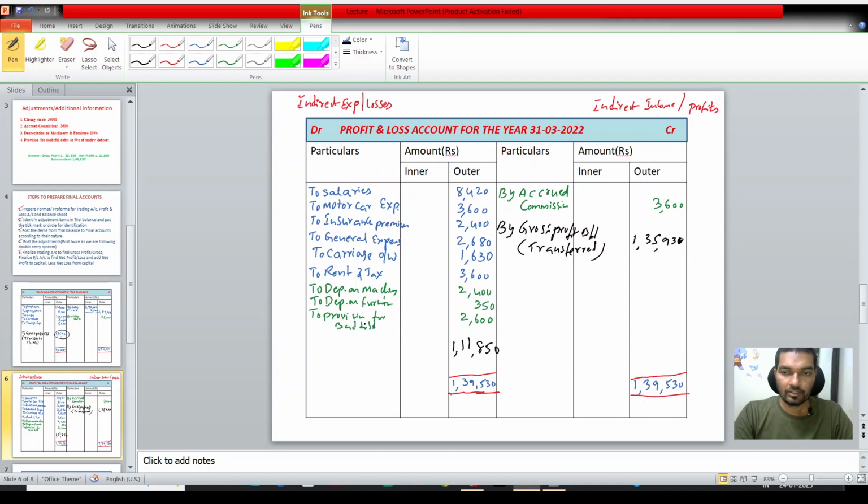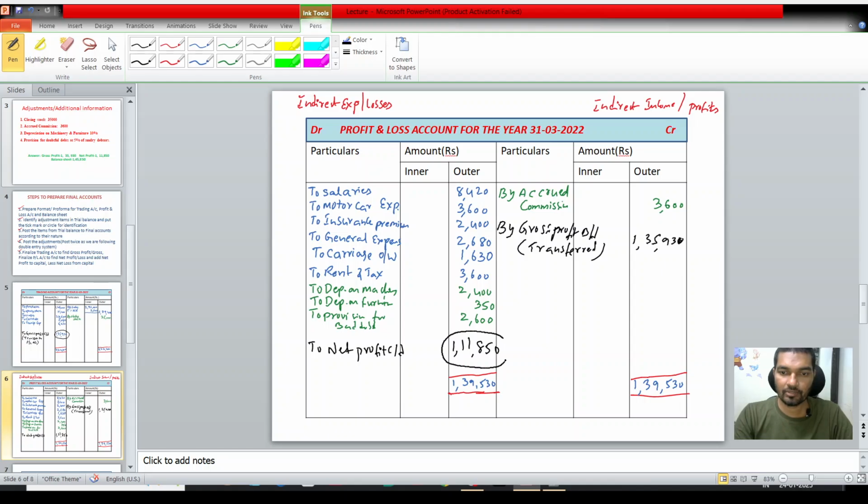1,11,850, because this is called net profit. The credit side under the P&L account is an indication of what? Incomes and profits. So the credit side balance is more than the debit side balance, so we got net profit carried down.